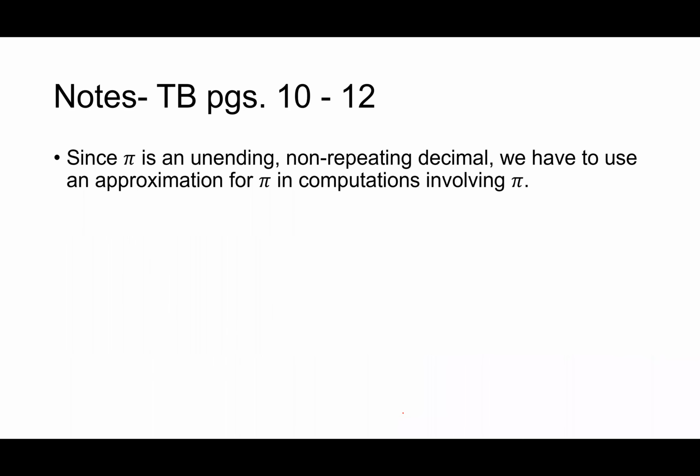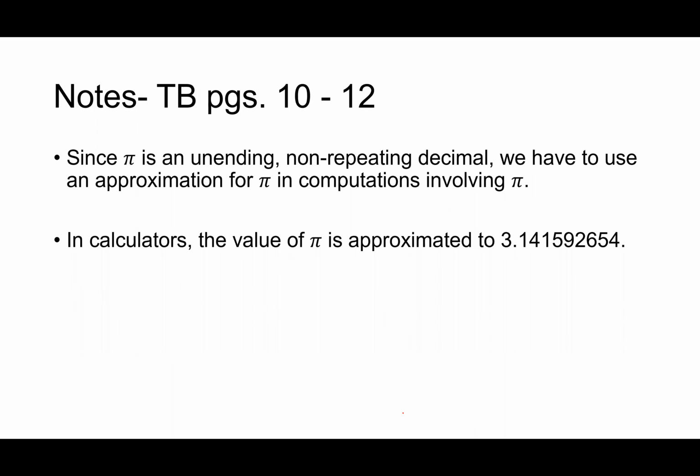Since pi is an unending, non-repeating decimal, we have to use an approximation for pi in computations involving pi. Okay, so when we do our math, we're not going to multiply out to 10 digits or whatever. That would be really cumbersome. In calculators, the value of pi is about 3.141592654. It stops after that, all right? They don't continue on pi.